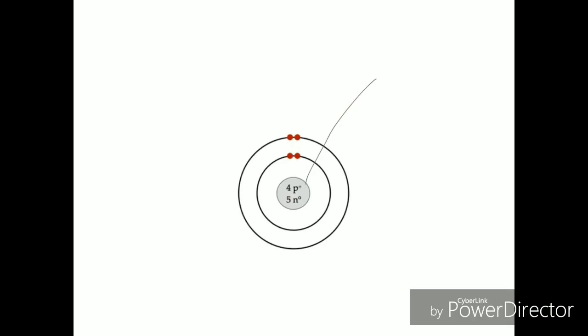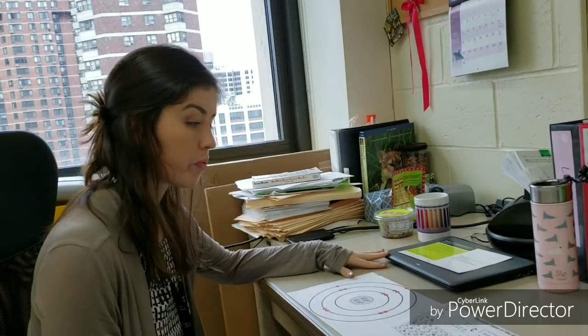Because there are 4 protons, this is beryllium. The mass number is 9. The electron configuration is 2-2. This atom has no charge because the protons equal the electrons.